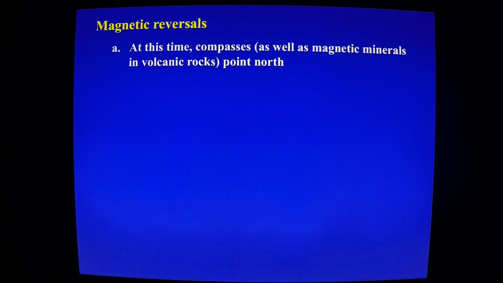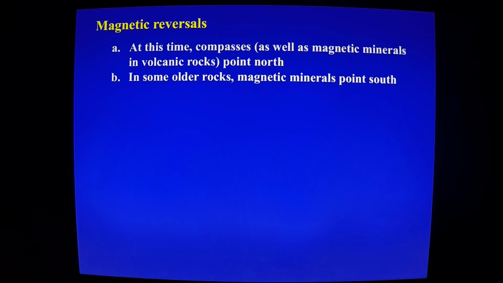And these little magnetic minerals in the lava will sort of wiggle around and point north, just like a compass needle. And then once the lava freezes, once it cools, those magnetic minerals are kind of locked in place, pointing north.